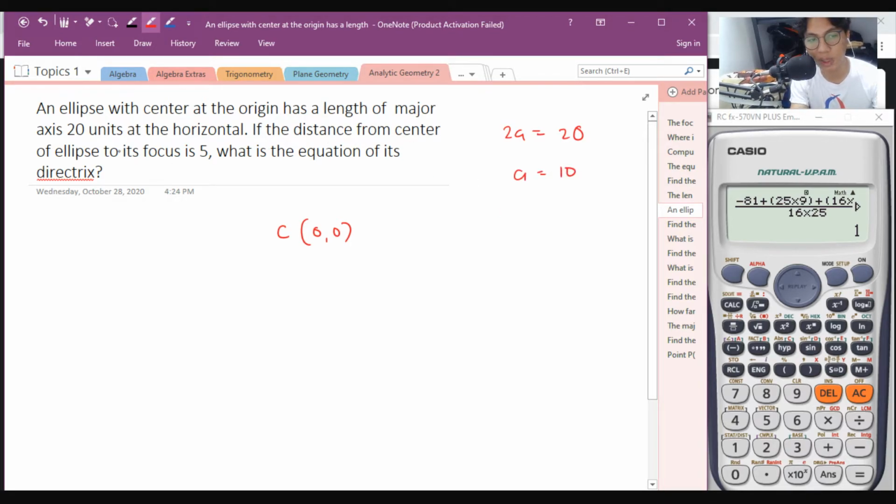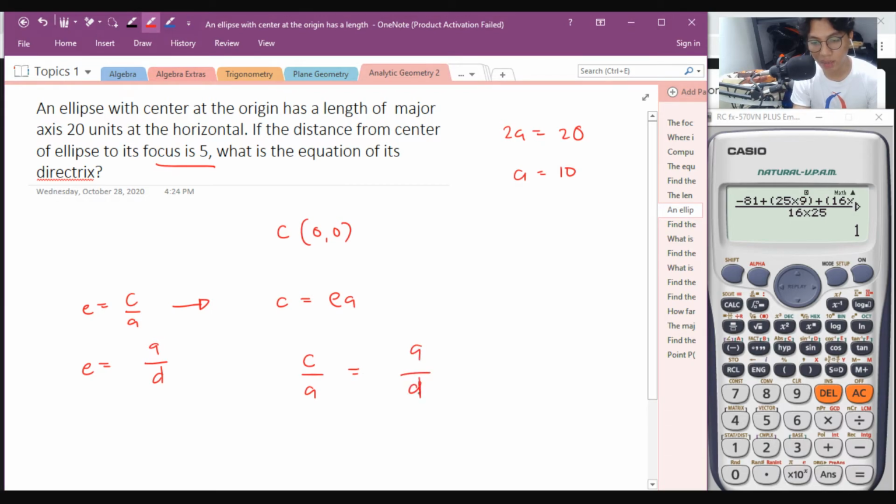If the distance from the center of the ellipse to its focus is 5, so focus is 5, what is the equation of its directrix? The eccentricity is equal to C over A. It's always like this, right? The eccentricity of the ellipse we don't know. There is also another formula: the eccentricity is equal to A over D, where D is the directrix. We can equate these two, C over A equal to A over D.